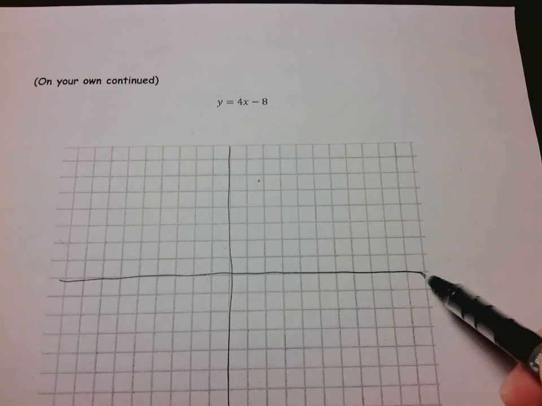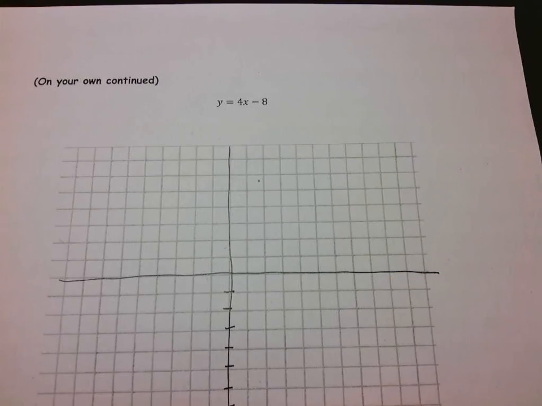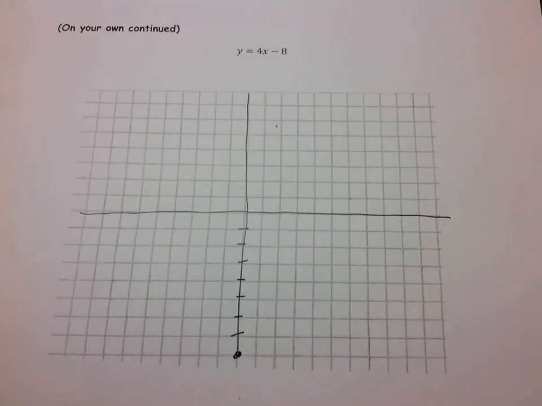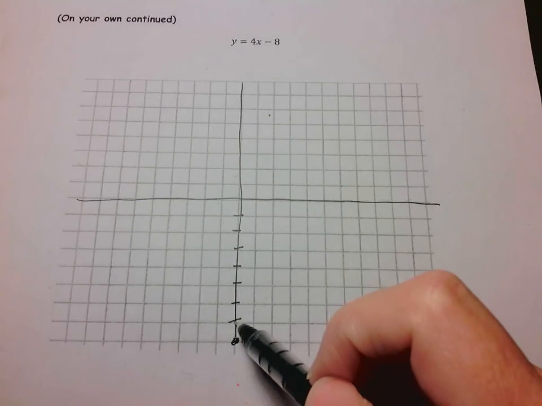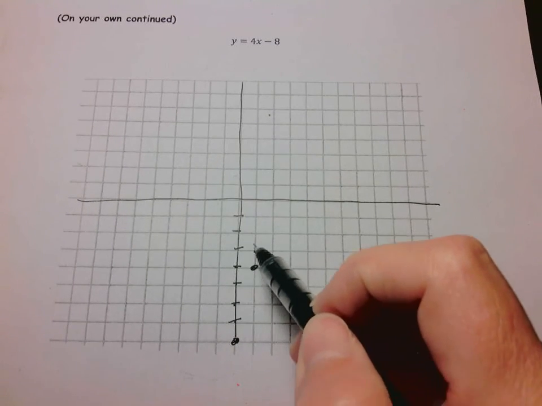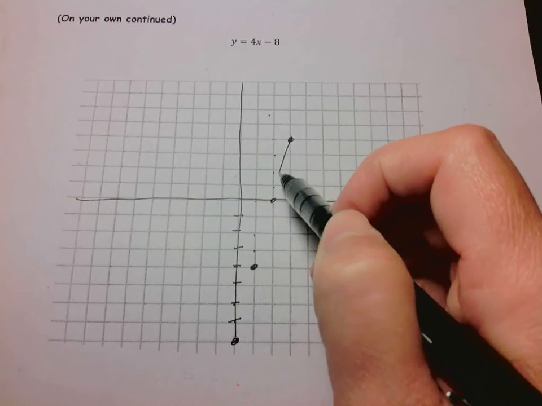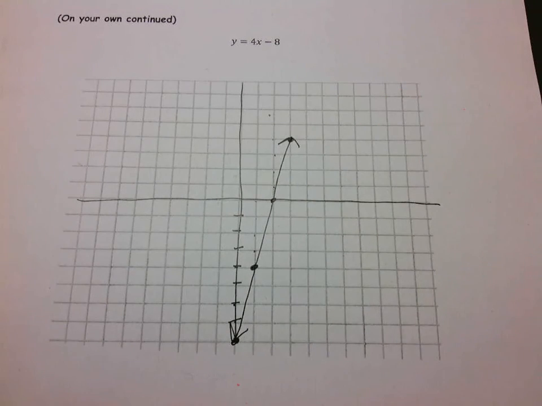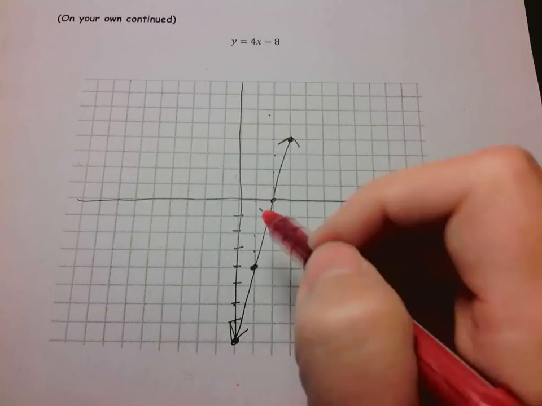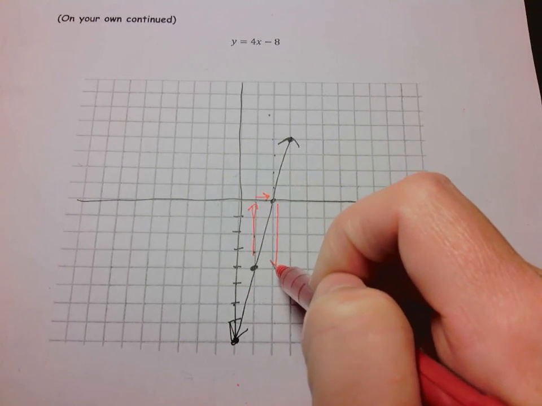Your y-intercept's at -8. And I'm going up 4/1, because my slope is 4/1 and it's a positive line. See again, up and to the right, but I could also go down and to the left.